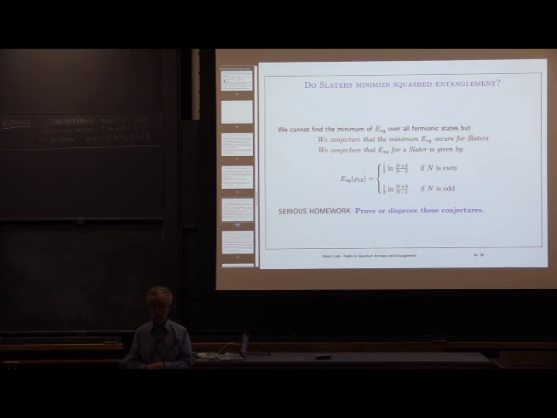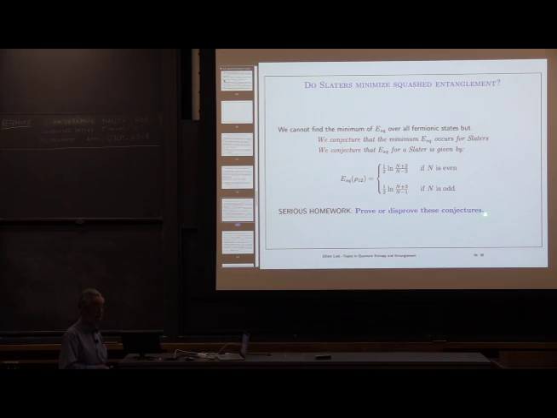We don't know how to compute it. We think the minimum value of a squashed entanglement, for Slater even, if I give you the Slater state, we don't know how to compute the squashed entanglement. It's just hard. But we know it could be at least this small, and we think this is the right answer. That is, it's essentially 1 over n.